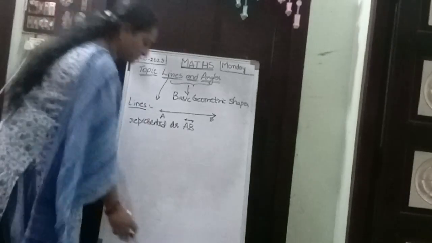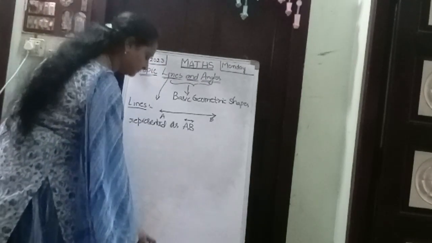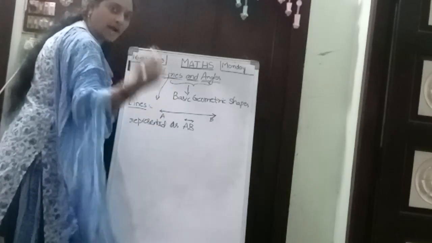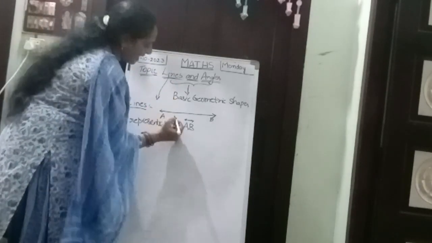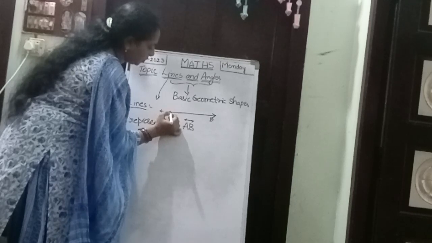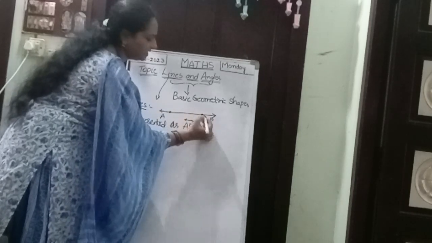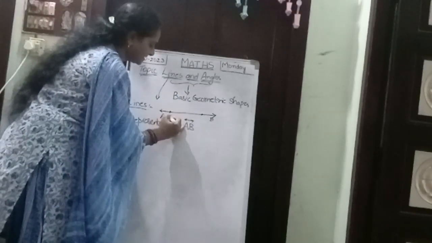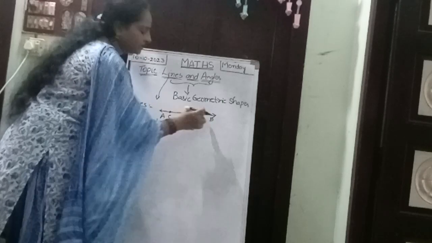Now coming to one part of a line. To identify that part of the line, I am taking two different points on the line with some specific distance, and I am giving names to those points.